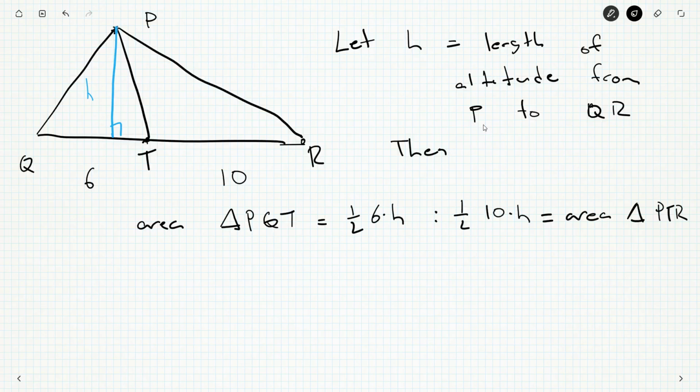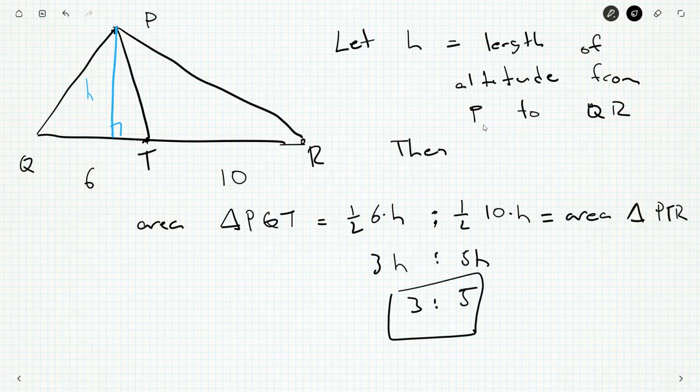But if we want to talk about their ratio, as long as we set up the ratio symbol in the middle, whatever we do to one side, we do to the other. So we get 3h and 5h. You get to keep the ratio as long as you either multiply by the same number on both sides or divide by the same number on both sides. So let's just divide both sides by h, which we don't know, and we're left with 3 to 5.